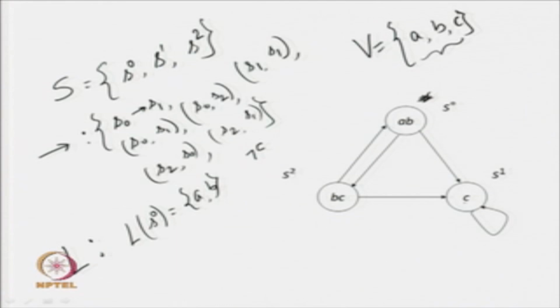And S1 is labeled with C. So, it says that C is true in S1, but atomic propositions A and B are false over here. If an atomic proposition is false, we generally never mark it, but the internal meaning is that it is false in that state, because an atomic proposition can have two truth values, either true or false. If it is true, we label it. If we are not labeling it, it says that this atomic proposition is false in that state.